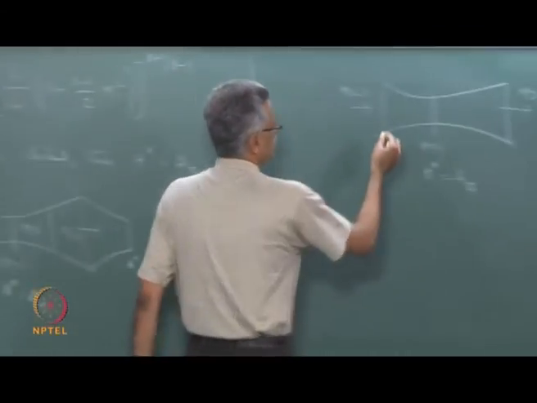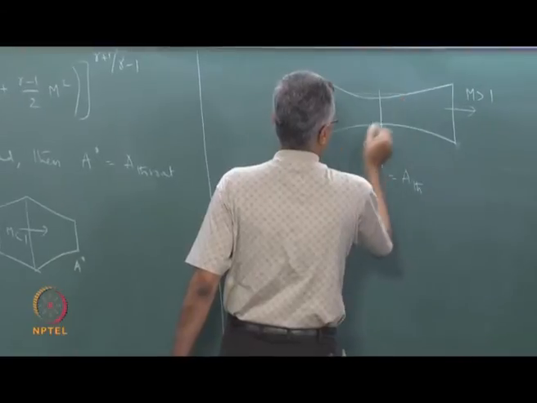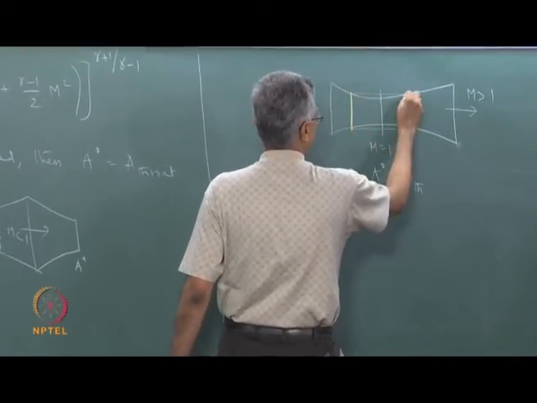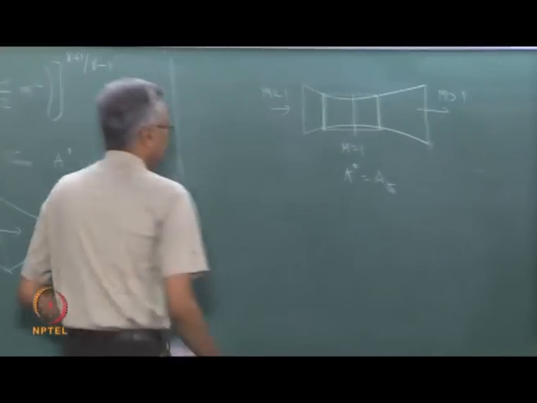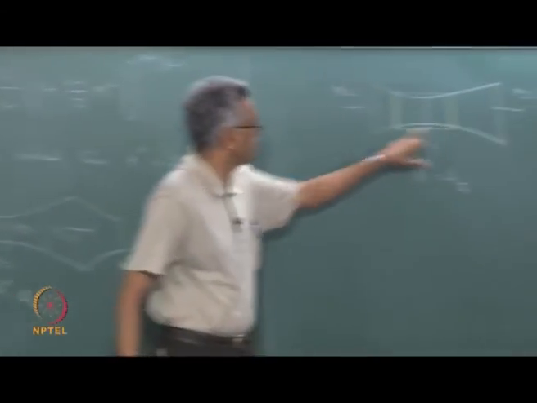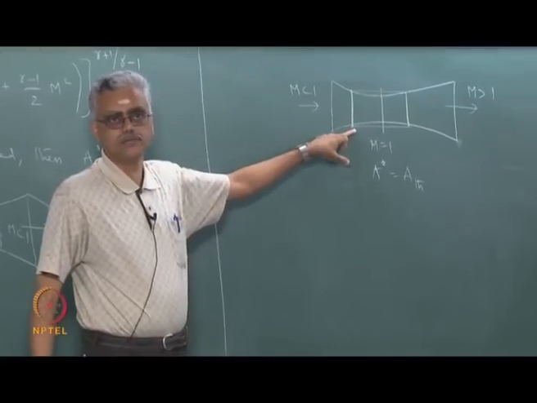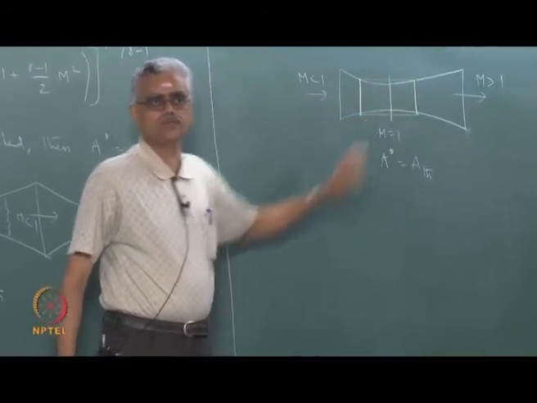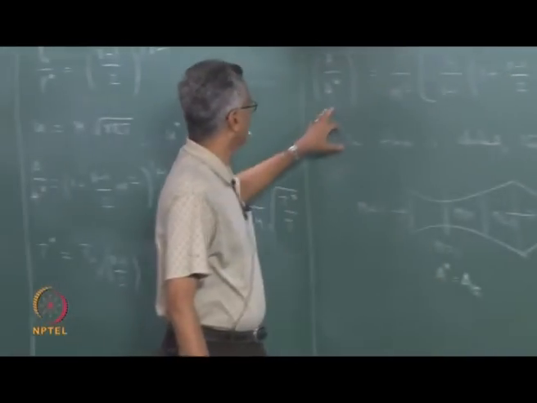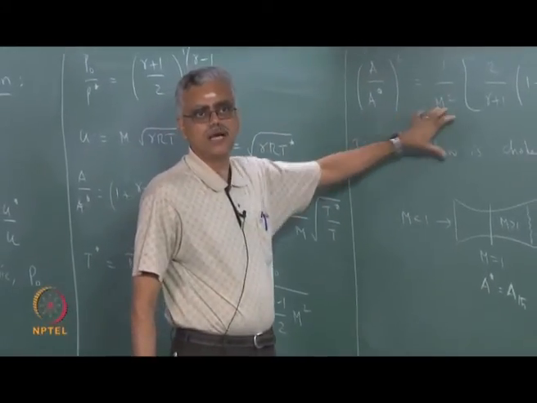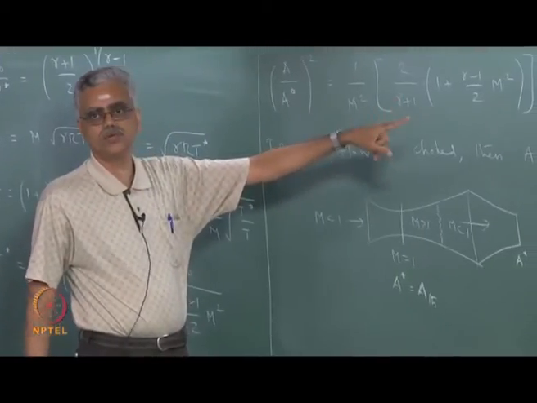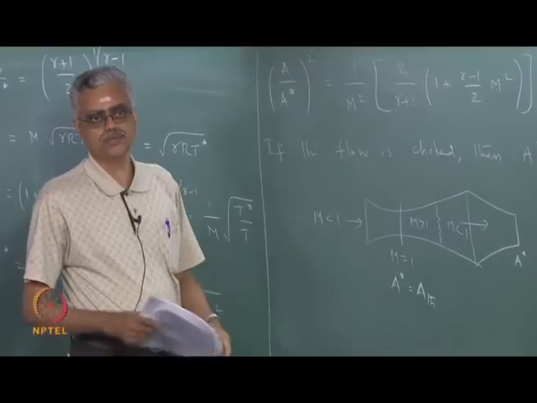However, if I consider two sections like this, this cross section and this cross section, notice that A by A star for both these cross sections are the same, but here the flow is subsonic, here the flow is supersonic. That is what I meant when I said for a given value of A by A star, I can get two solutions, one corresponding to the subsonic branch and another one corresponding to the supersonic branch.